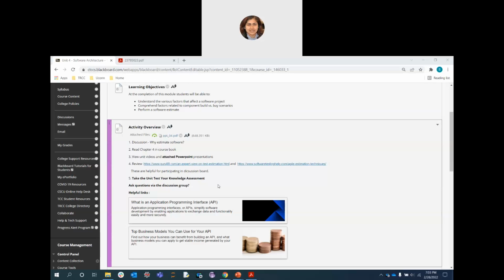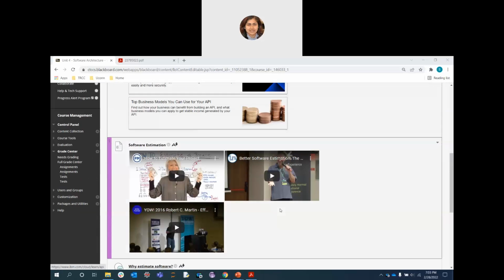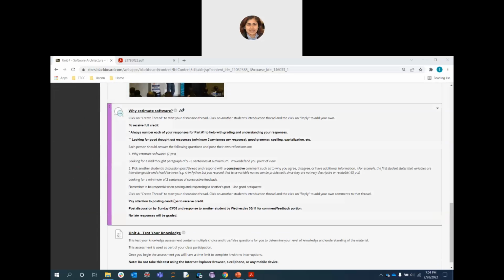Before moving to the development phase, the estimation of the software will be done: what platform you are using, what technology, what type of database you are going to use, all those details. Based on that, how much manpower and how many resources are needed must be estimated properly.